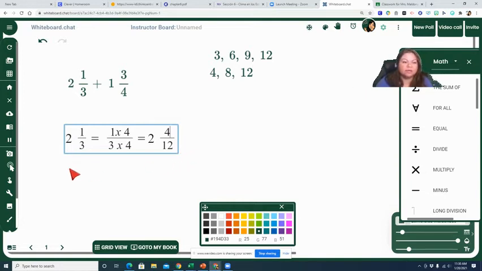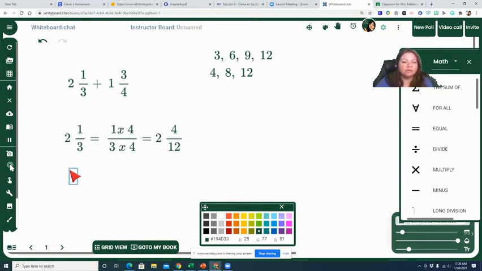Now we're going to find the equivalent fraction of 1 3/4. And remember, I start off thinking, what do I multiply 4 times to get a denominator?